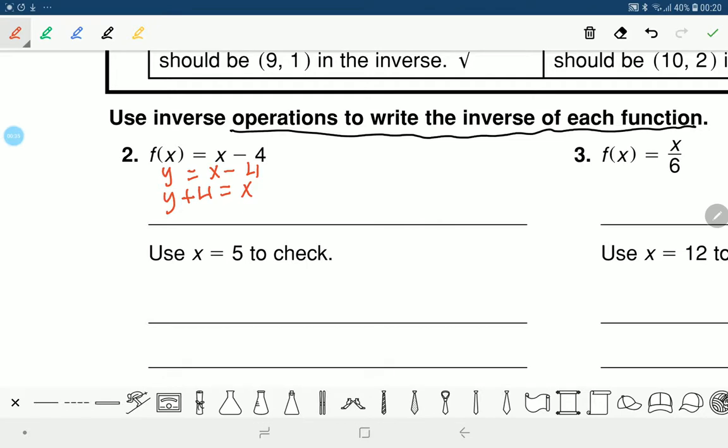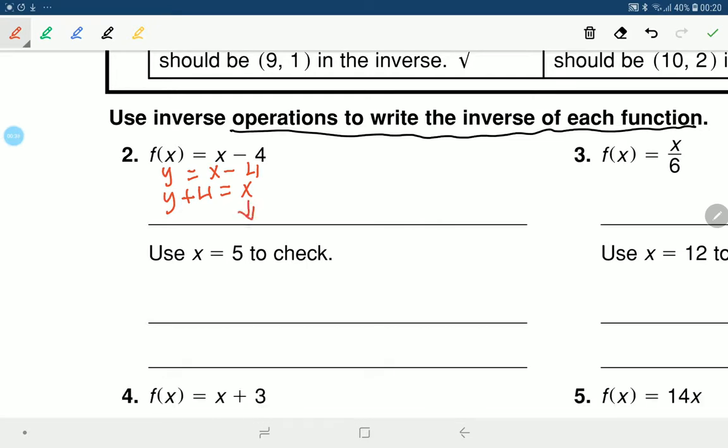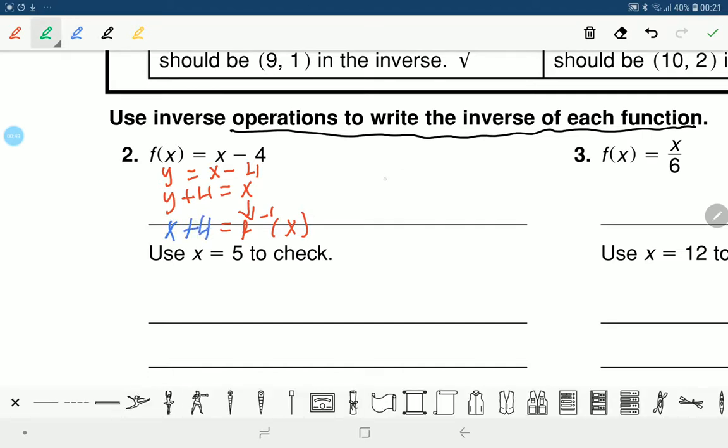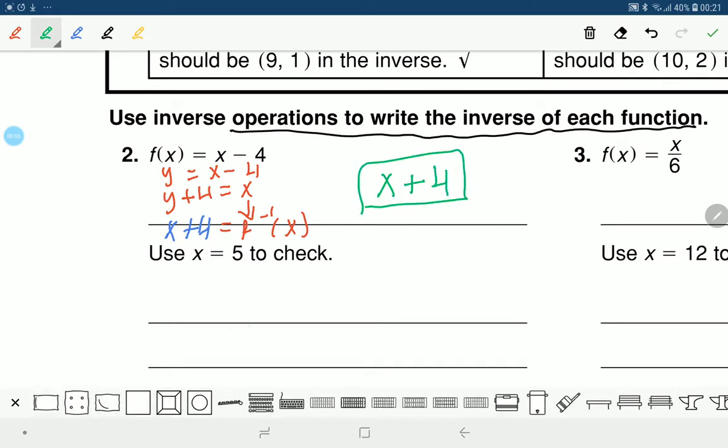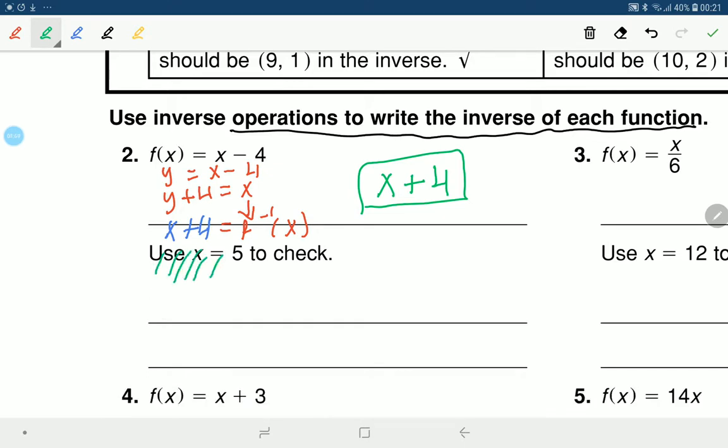Then we will change x with the inverse, f inverse of x, and we will swap y with x. We will have x plus 4. So the inverse function is x plus 4. Use x equal 5 to check. When you make this operation, you don't need to check.